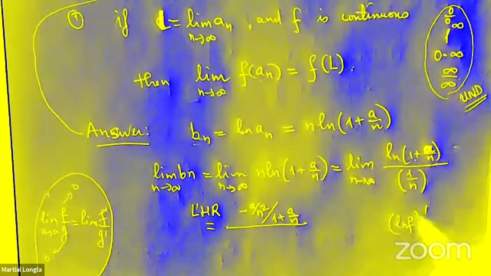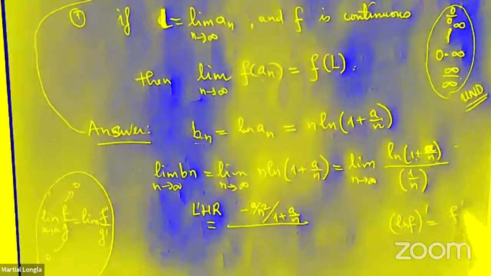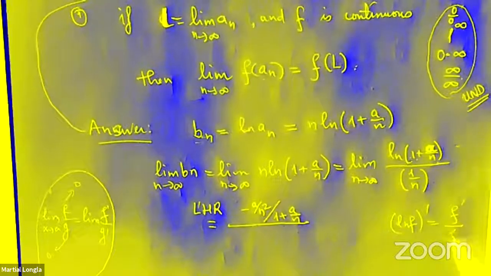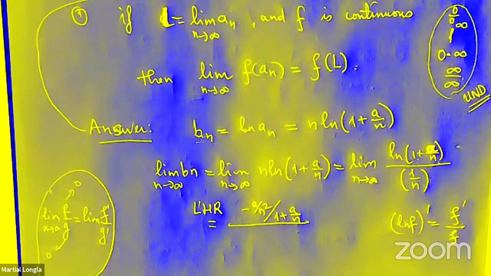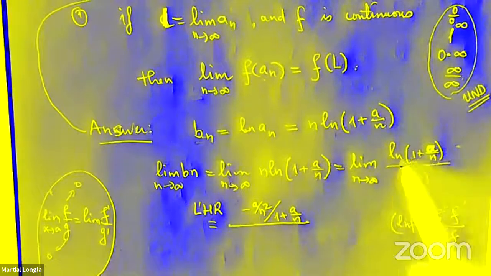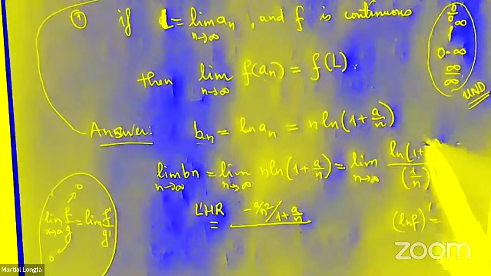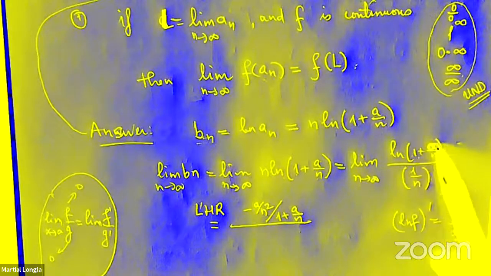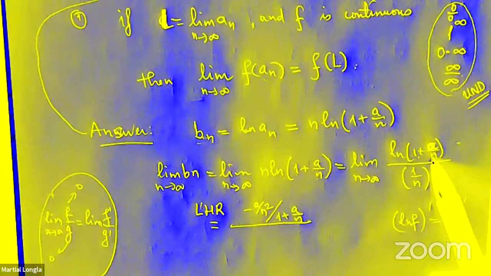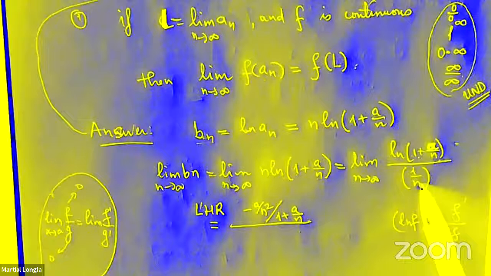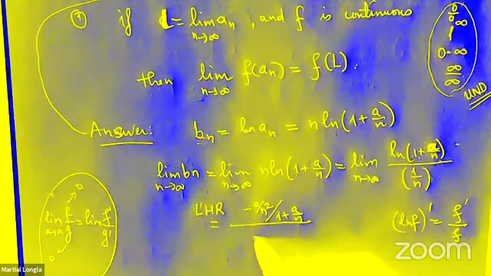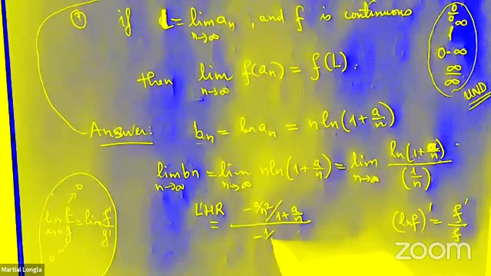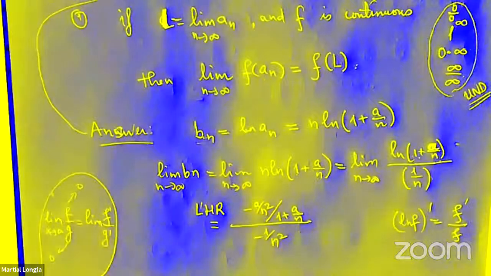The derivative of natural log of a function is the derivative of the function divided by the function itself, right? That's what I wrote here. The derivative of 1 plus a over n is minus a over n squared. And now you have the derivative of 1 over n. The derivative of 1 over n is minus 1 over n squared.